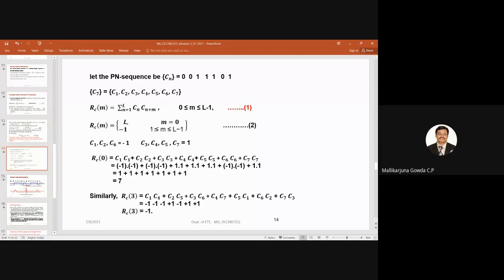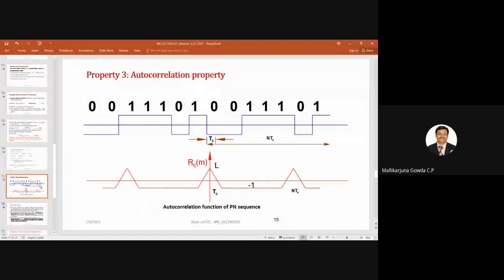That is why when M is 0, I'm getting the value as 7, and when M is not 0, I'm getting the value as minus 1. That is why it has two values. To explain that we have taken this sequence, and this is how we get the value of RC of M.